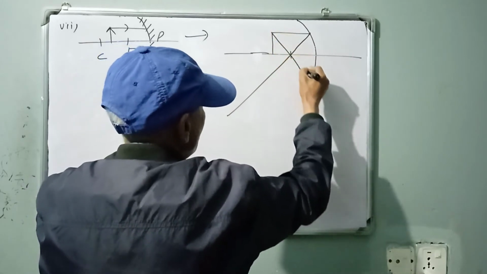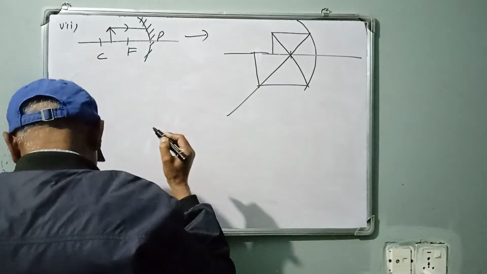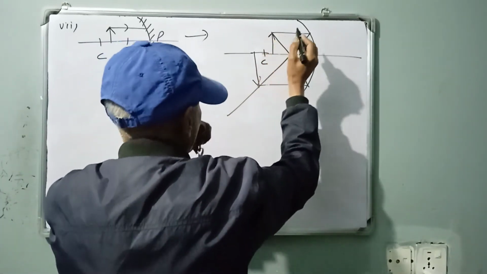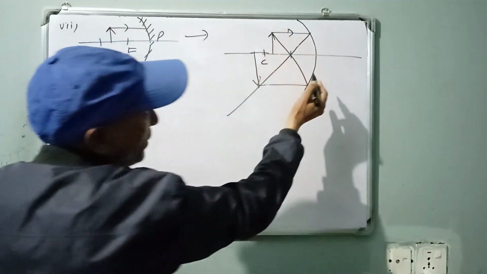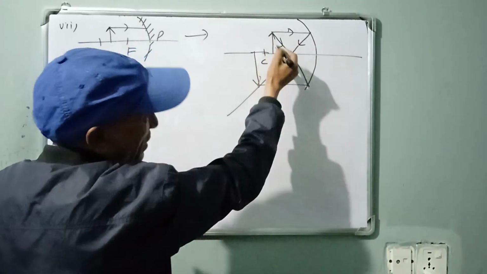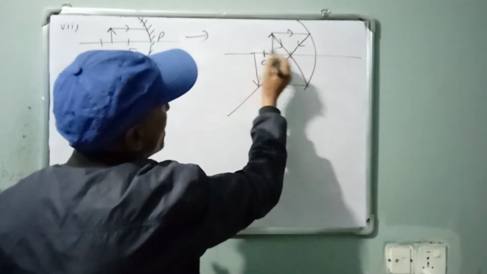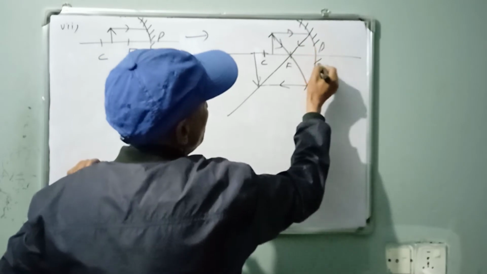Another, a parallel ray passes through the focus. A ray passing through the focus will be parallel. This is center, this is focus, this is the pole.